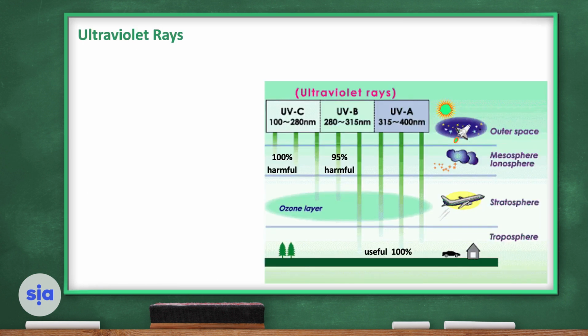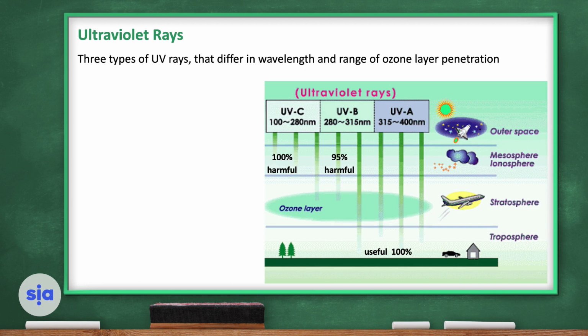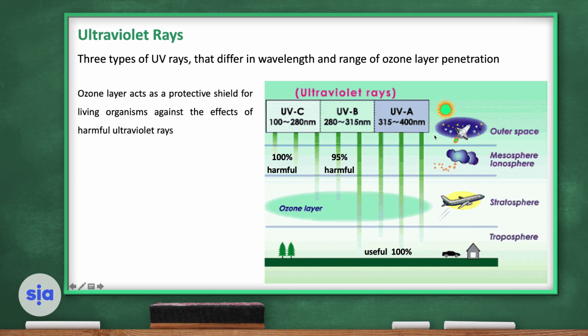These are the ultraviolet rays that come from the sun. We have 3 types of ultraviolet rays, different in wavelength and range of ozone layer penetration. This is ultraviolet A. The wavelength is from 315 to 400 nanometer, and all the rays reach the earth.